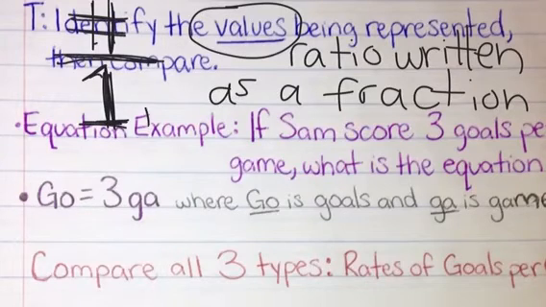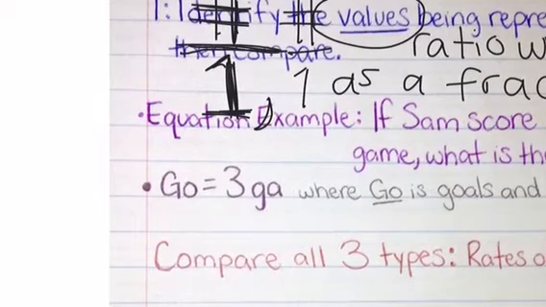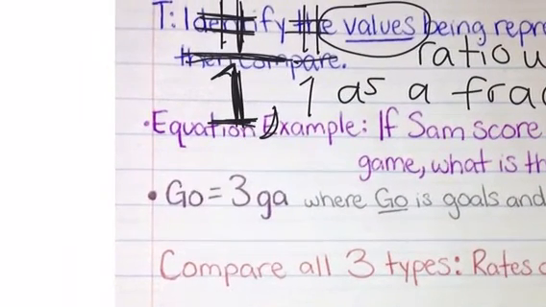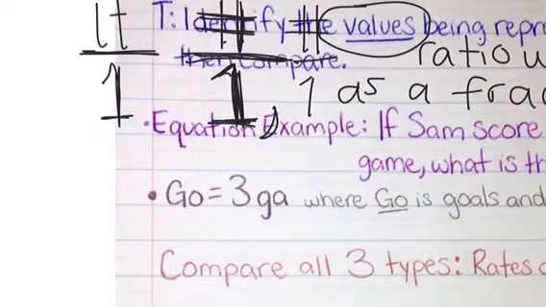If we have 3 ratios in a row, they all have a denominator of 1. I can't really fit a third one on here, but let's kind of go over here. We have 3 ratios with a denominator of 1. All we have to do is compare these numerators, and we have an easy comparison.